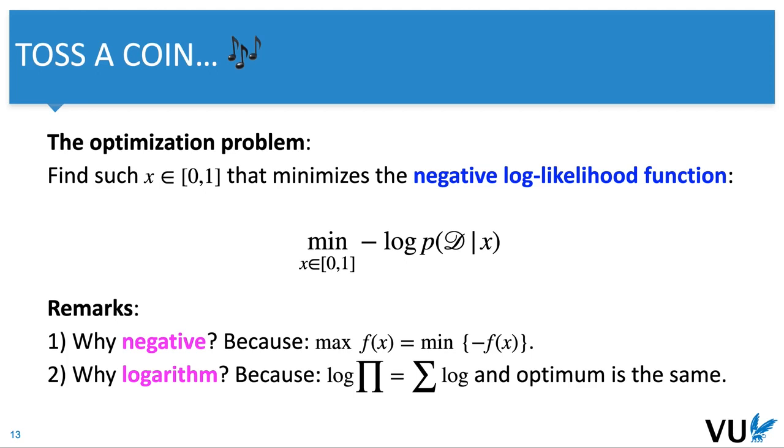So we use this simple fact to simplify our calculations. However, also importantly, the optimum is the same whether we take the logarithm of a product or the sum of logarithms. The logarithm function doesn't change the optimum at all. So this is very good news because we get some extra simplifications, but still we can calculate exactly the same solution.